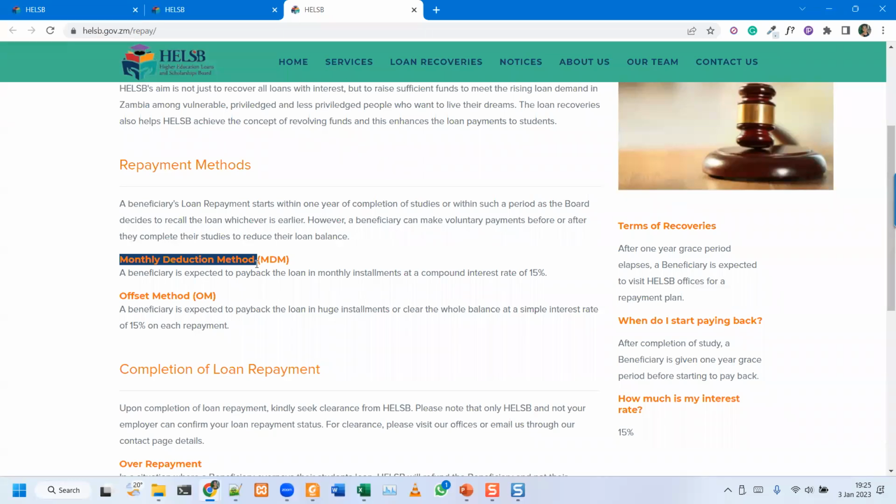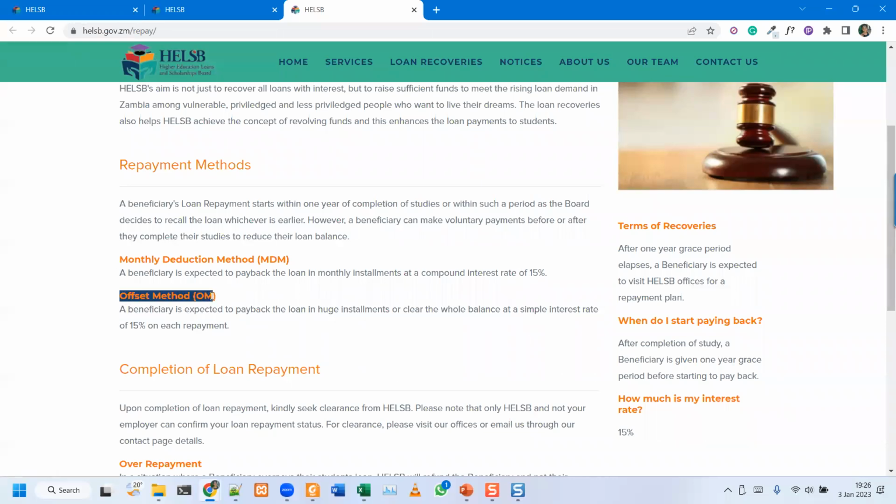And the thing that they've highlighted here is the beneficiary is expected to pay back the loan in monthly installments at a compound interest rate of 15%. Yesterday, you learned what compound interest is, you know how nice it is. Now just think of the opposite happening to you for now, before I actually demonstrate this. So this is a 15% interest rate, compounded, but mostly these are annualized. So we have two payment methods.